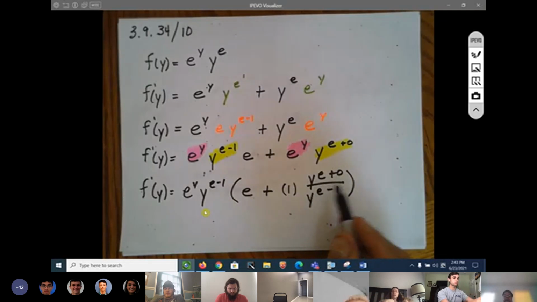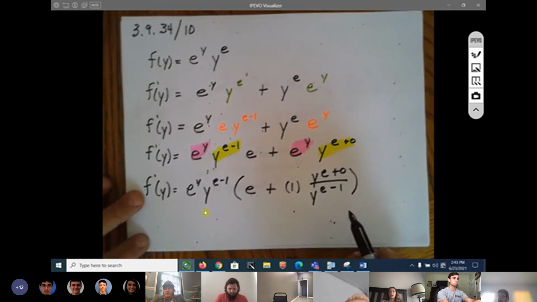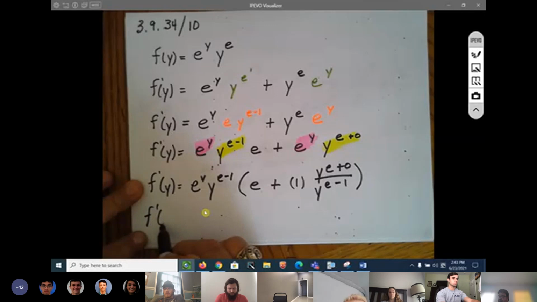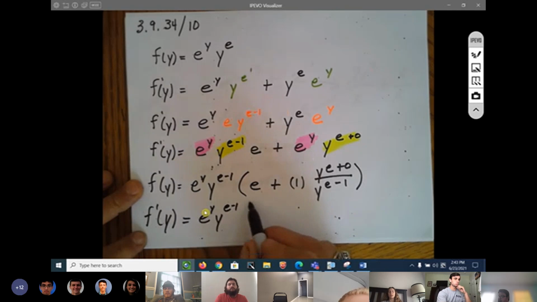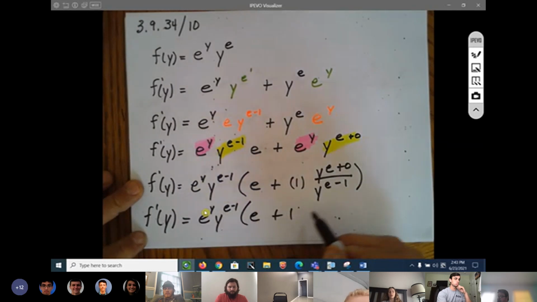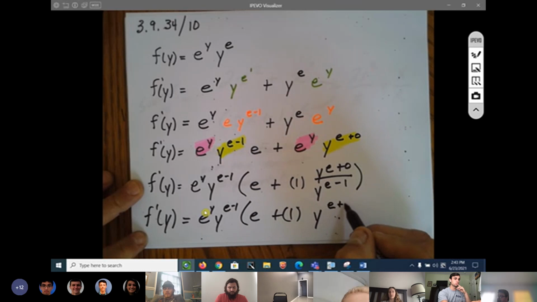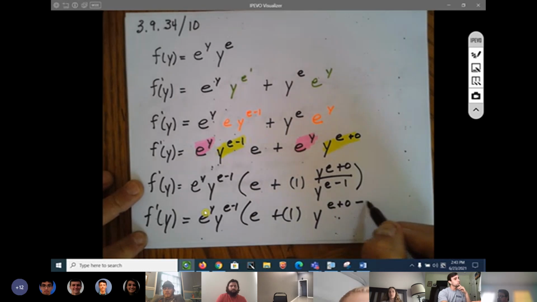And we subtract exponents, right? So f prime of y is equal to e to the y, e to the minus 1, e plus 1, and then this is going to be y to the e plus 0 minus e plus 1.